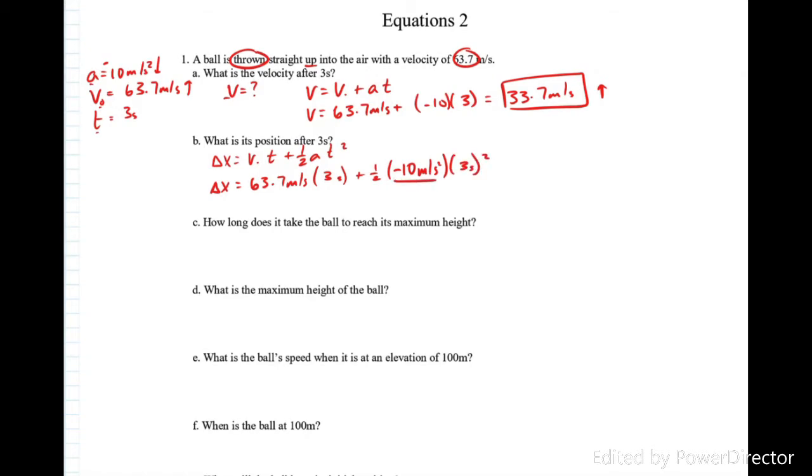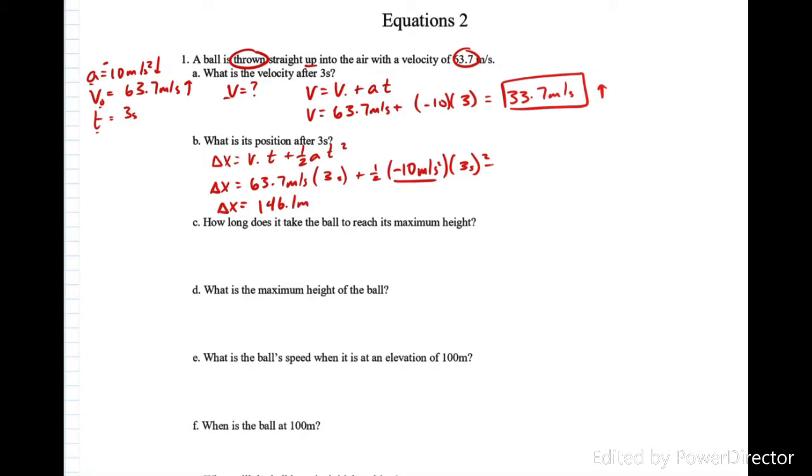And it's super important that you put the negative 10 in when you use your calculator, and it's super important that you put the squared in. So delta x, when we plug all that into our calculator, comes out to be roughly 146.1 meters.